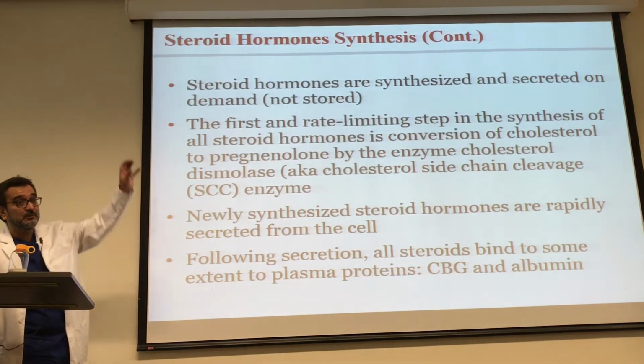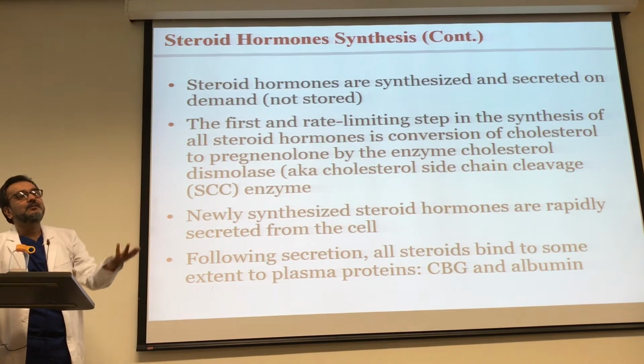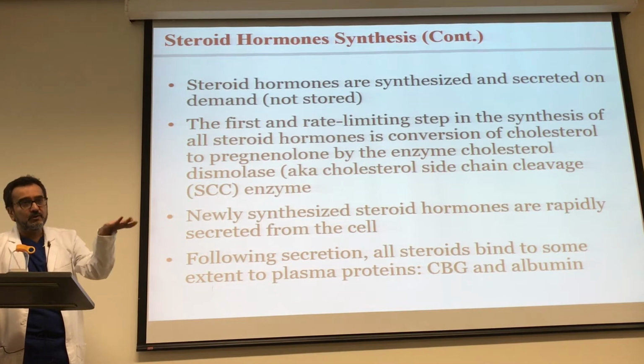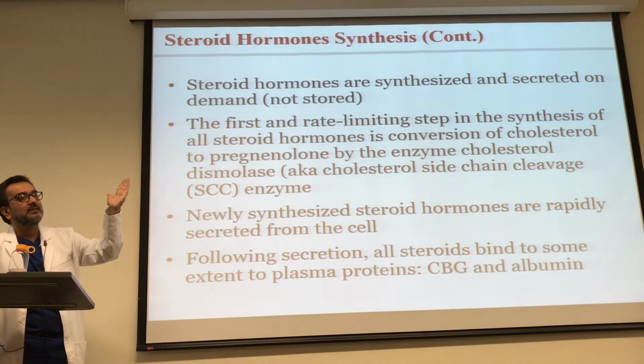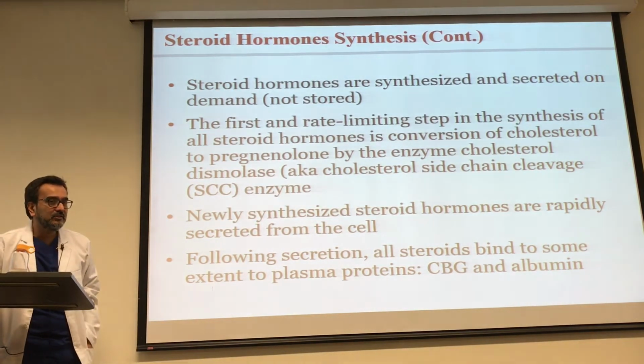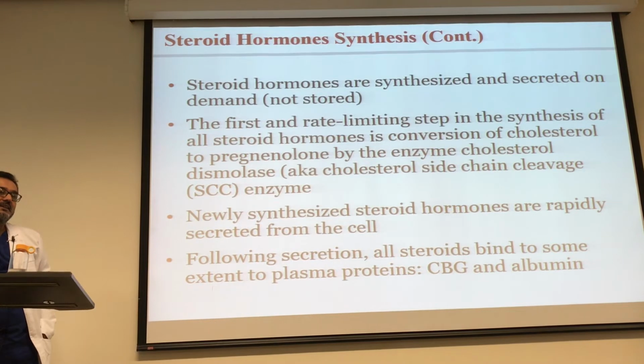When ACTH comes in and binds to the ACTH receptor, it will induce production of the enzyme cholesterol desmolase, and cholesterol desmolase is going to chop off the side chains from the cholesterol, converting the cholesterol to pregnenolone.